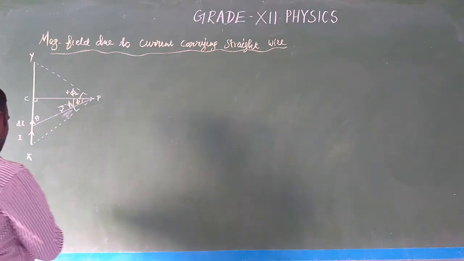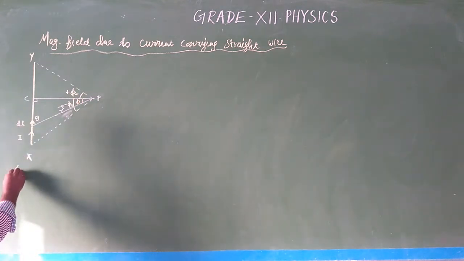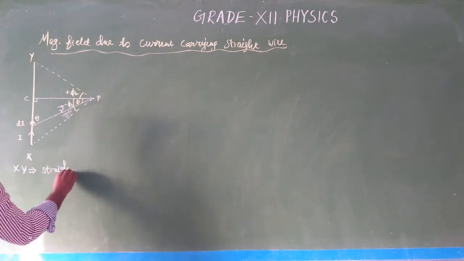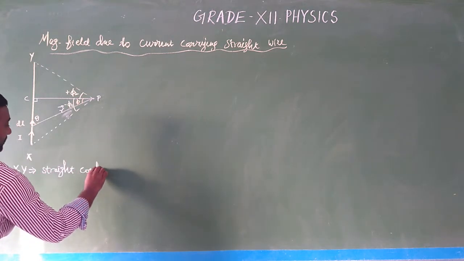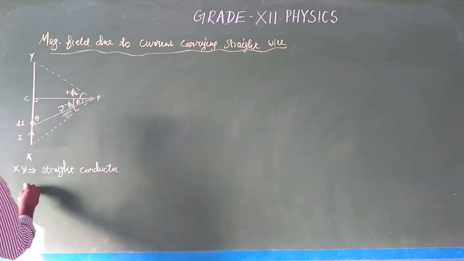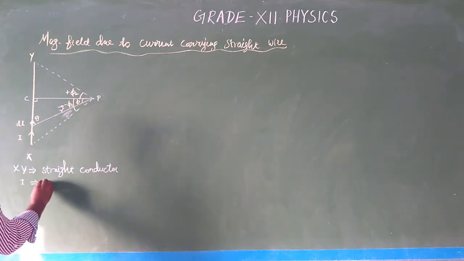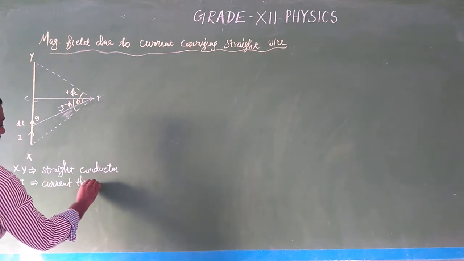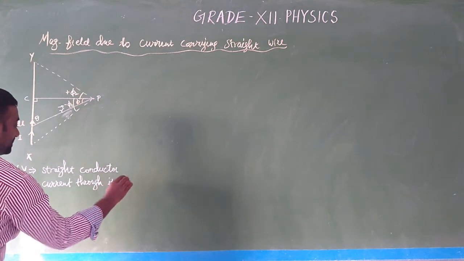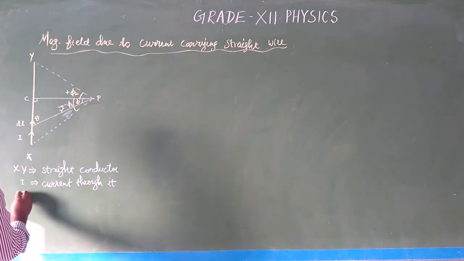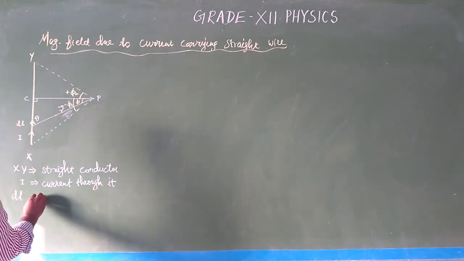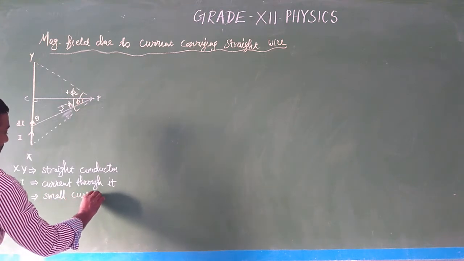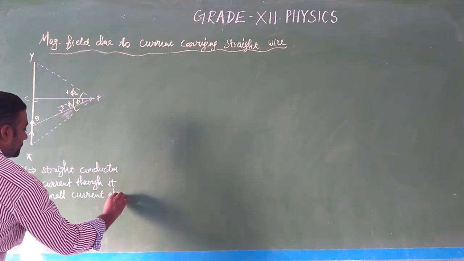Okay, so now we'll write. XY is a straight conductor, and I is the current through it. Okay, dl is a small current element.